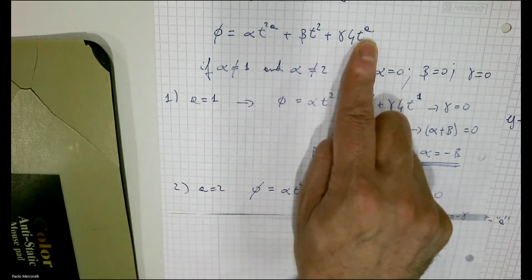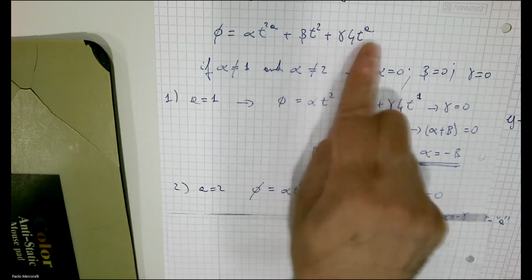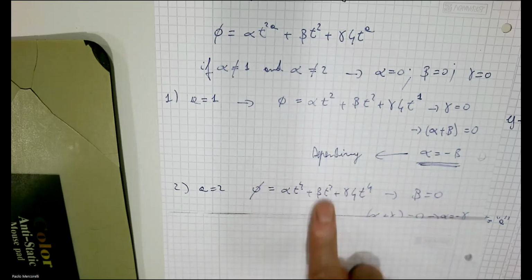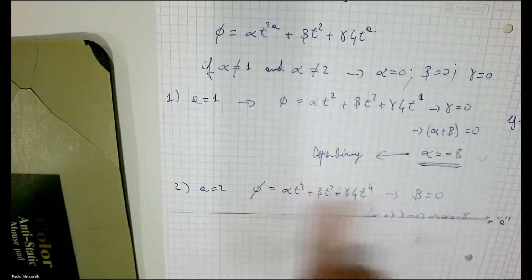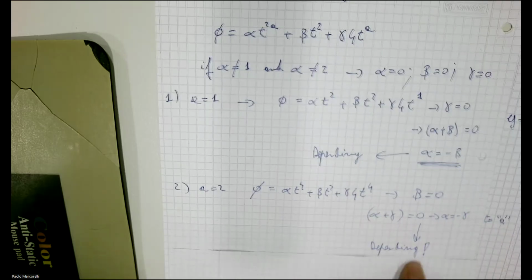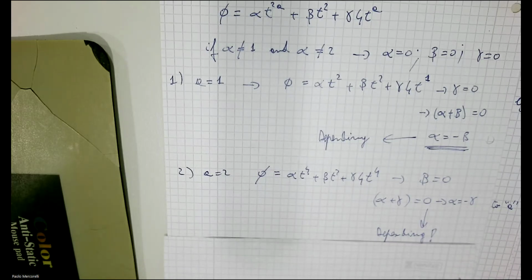And A equals 2, because these two elements for A equals 2 can be combined. This means in this case beta equals 0 because this element here cannot be combined with the rest. And we have alpha plus beta plus gamma equals 0, which is again dependent because you have a relation. Because alpha is minus gamma, for each gamma, but in any case we have a relation which does not imply that all elements must be 0.